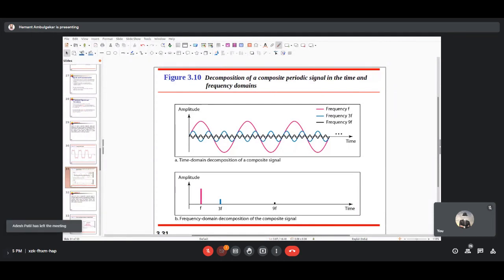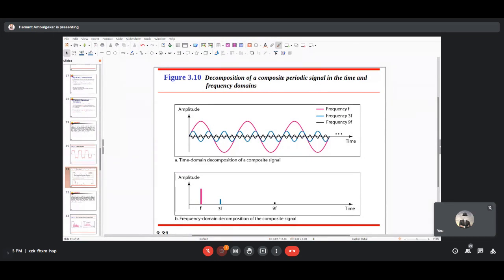So these are the frequencies in the composite signal, and the first one, in pink color, has frequency f.